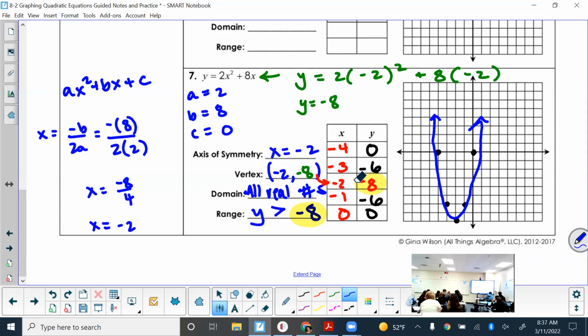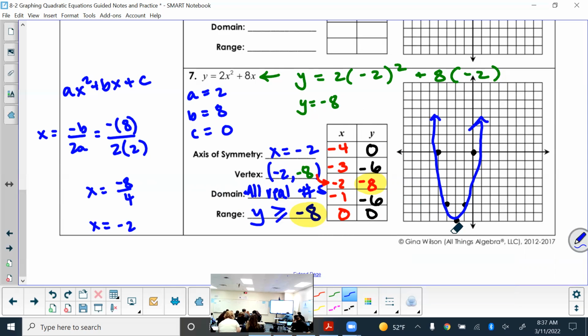Greater. Do they touch -8? So greater than or equal to. All right, so if you want to memorize that these positive parabolas are always y greater than or equal to, you can do that. I personally just like comparing. So questions on this? All right, I'll save the U tries for when you work on your practice.